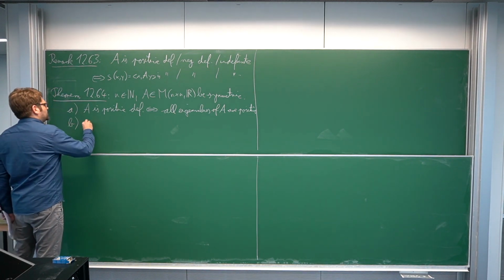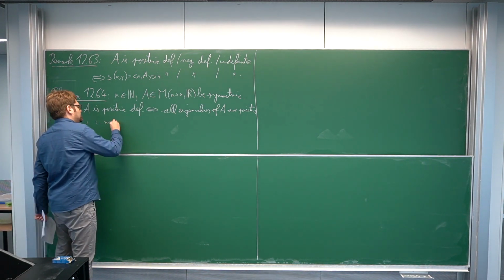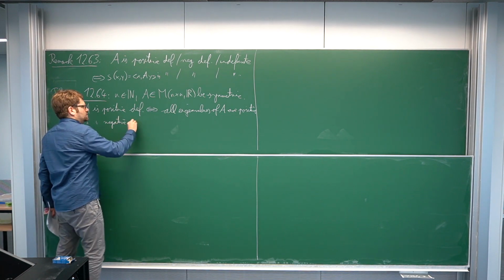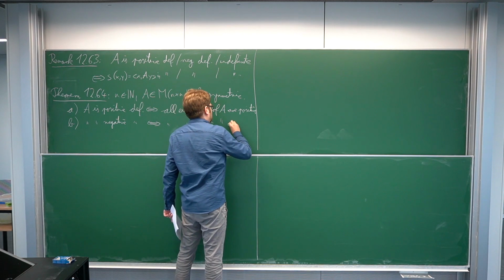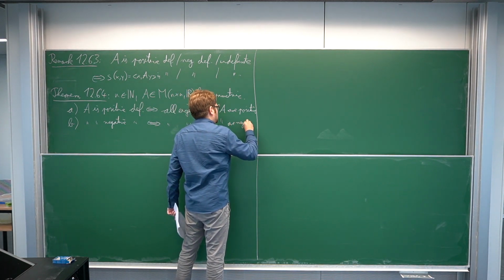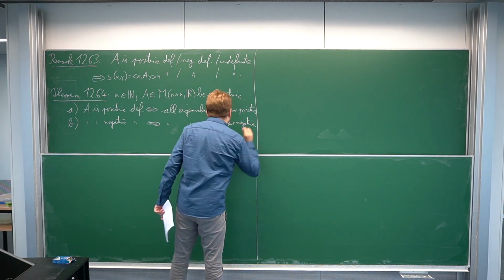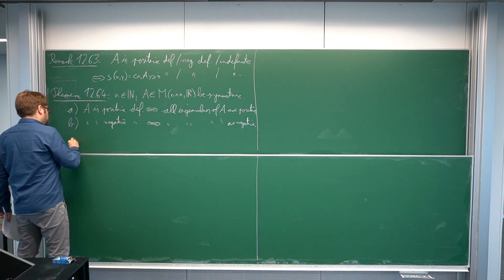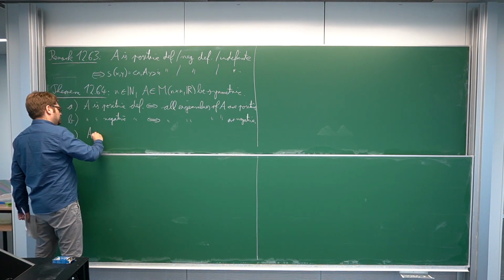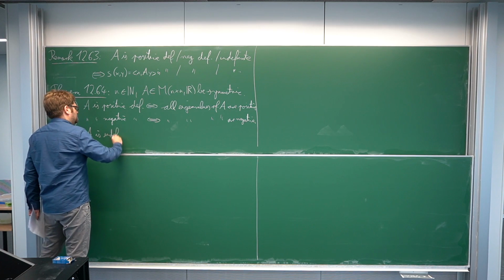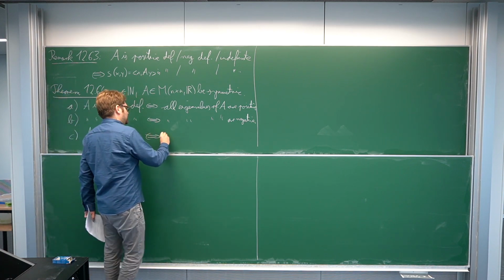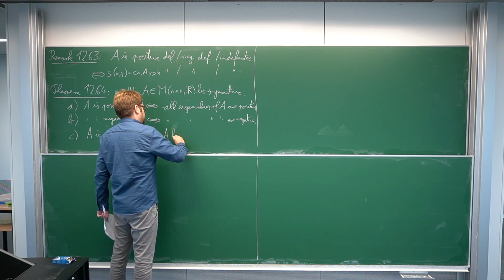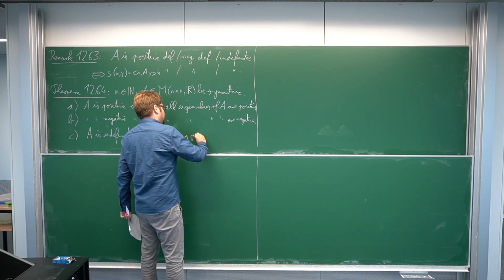B, the matrix is negative definite if and only if all eigenvalues are negative. And finally, C, A is indefinite if and only if A has a positive and a negative eigenvalue.